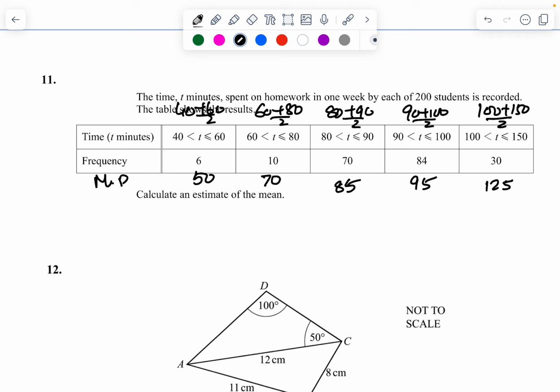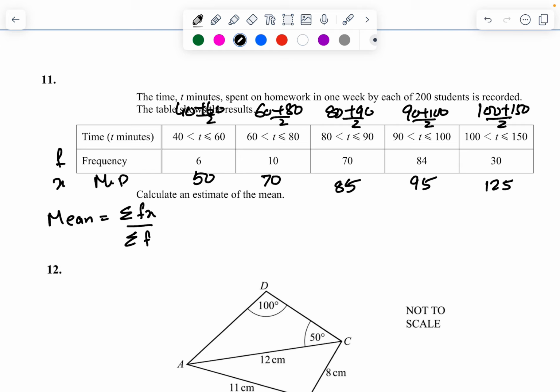What is the formula for the mean? Mean equals sigma fx divided by sigma f. So this is f and this is x.